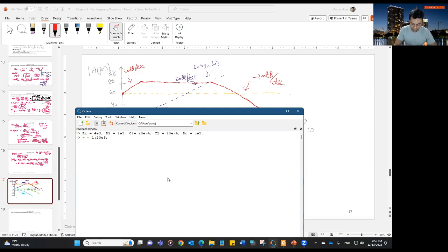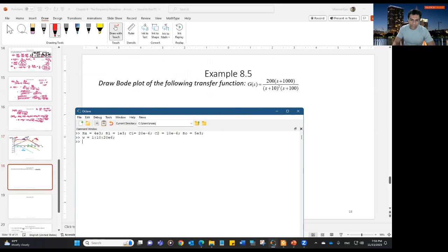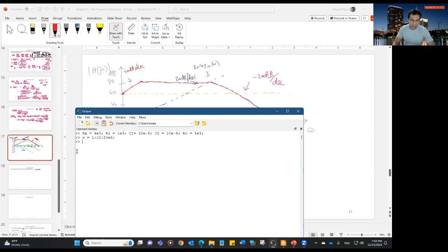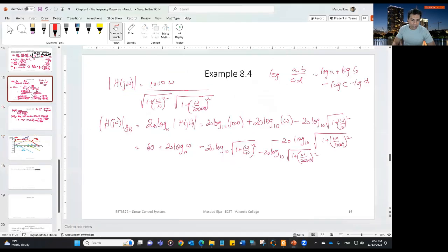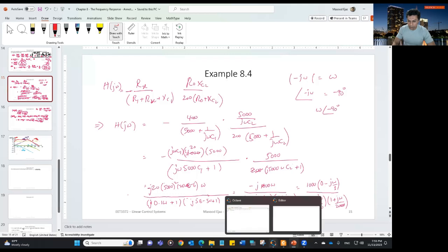I keep the step size to be 1, or we can do 10, so that we don't have, well, I still have a lot of points, but whatever. Might be a good idea to keep it 1, or let's plot it and then we can change omega, of course, always.